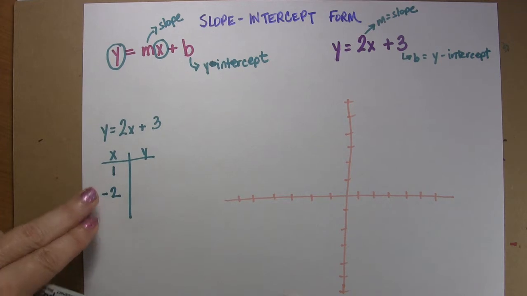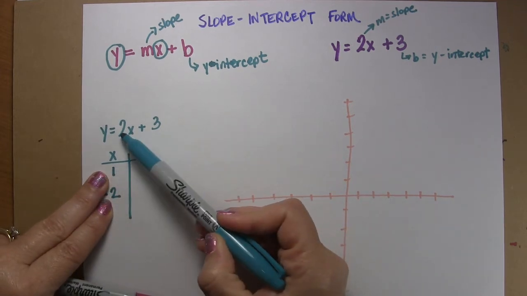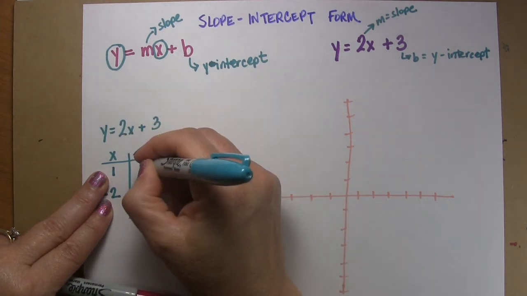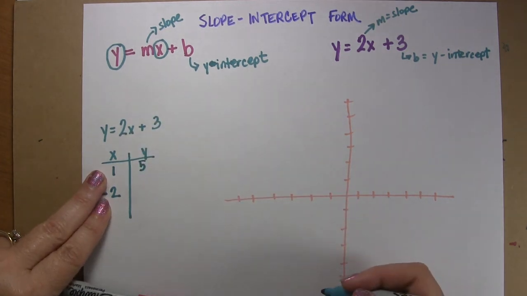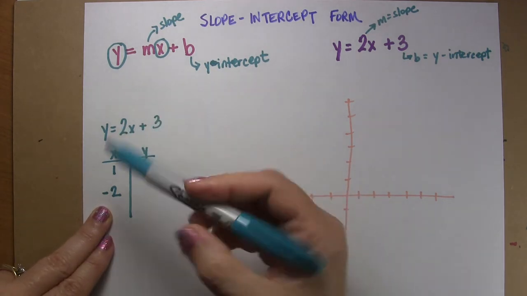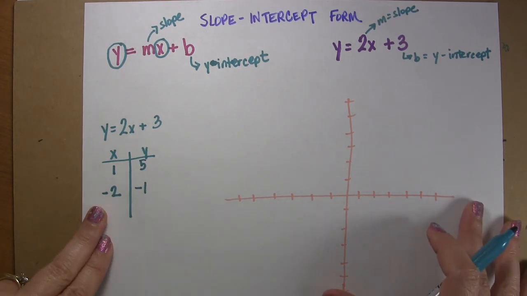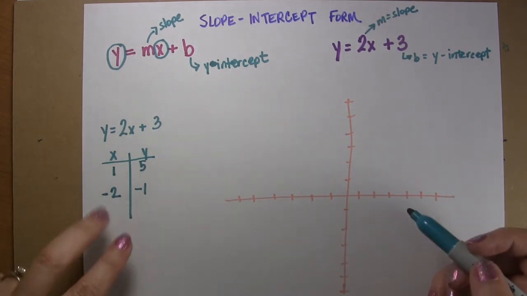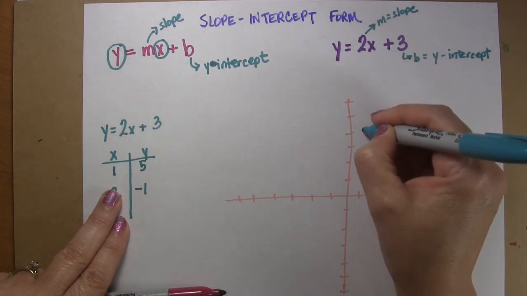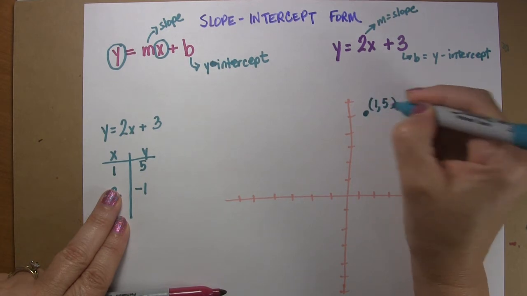What does that give us? Well, we can still do it in our head, I think. If x is 1, then that would be 2 times 1, which is 2, plus 3, so y would be 5. And if x is -2, this would be -4 plus 3, so that would be -1. So I'm going to plot those points. This is (1, 5).